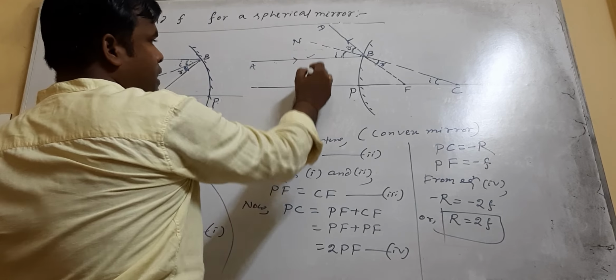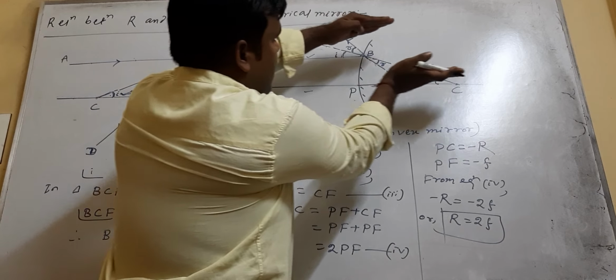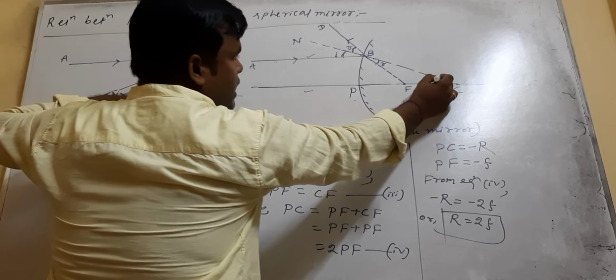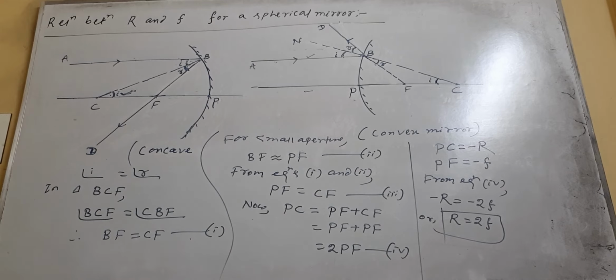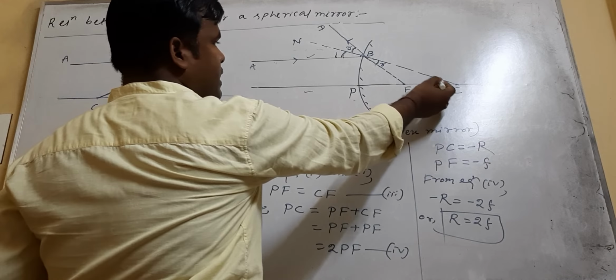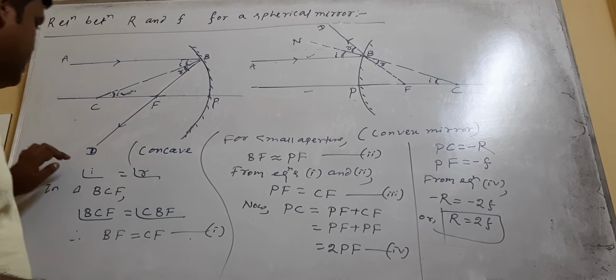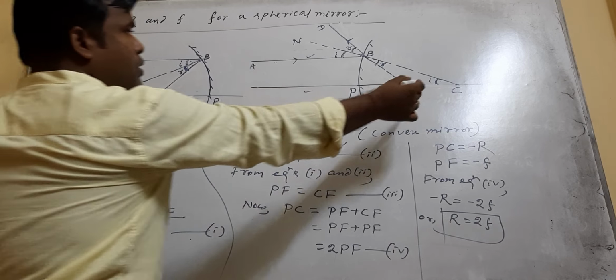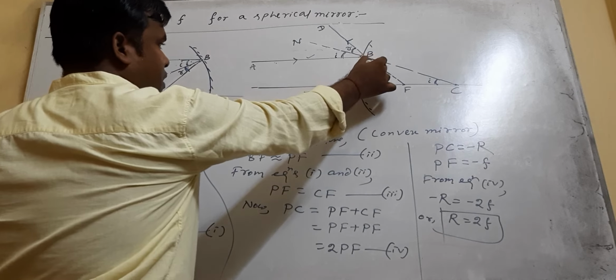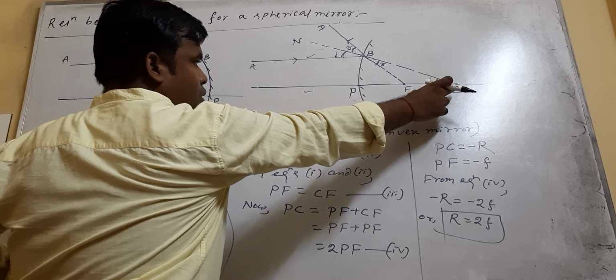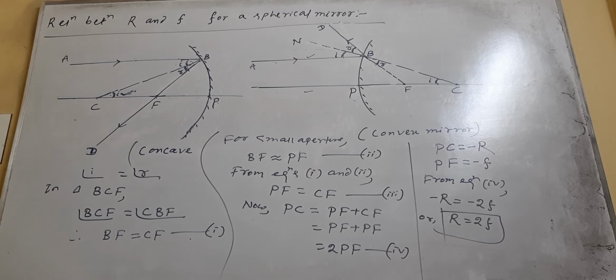And these two lines are parallel, and it is an intersecting line, so this angle is equal to this angle because they are corresponding angles. Now come to this triangle BCF, where i is equal to r. That means angle BCF is equal to angle CBF, so BF is equal to CF. The opposite sides are equal.